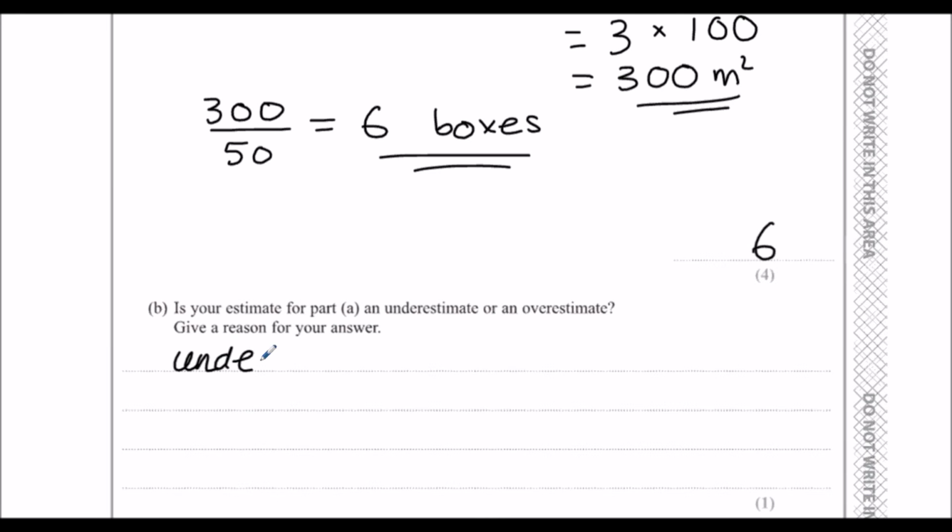So we've underestimated. Why? Because the actual garden is going to be bigger than 300 meters squared. So we've rounded down the area of the garden.